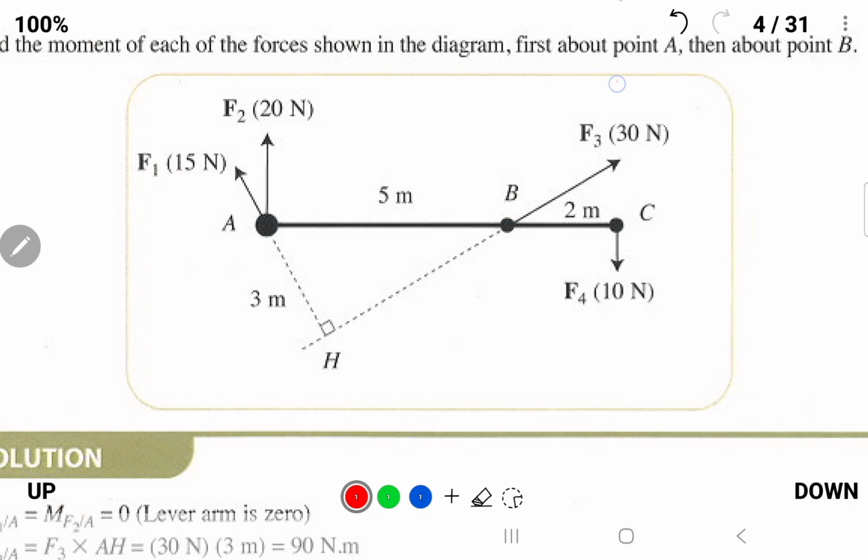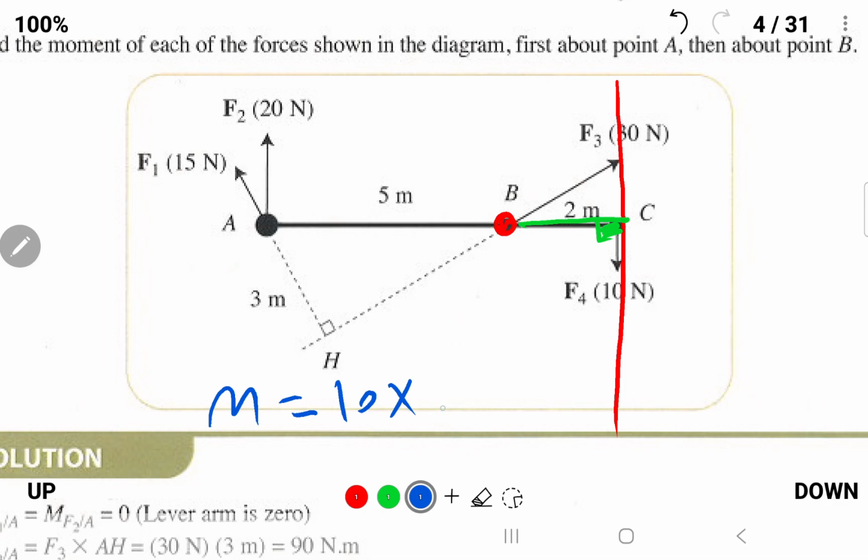So here you have the force is 10, the distance, this is the dot, the distance is the perpendicular distance always, as we said. So now the moment will be 10 times 2, which is 20 Newton meters.